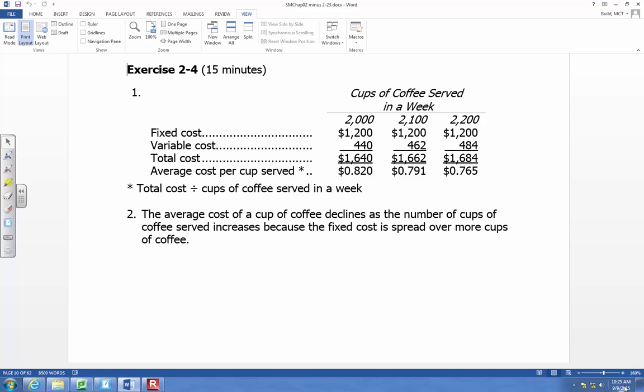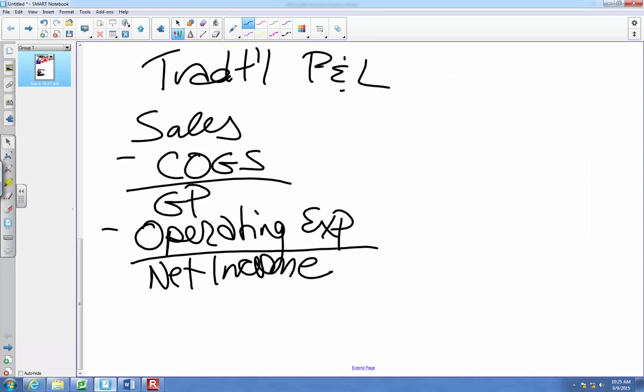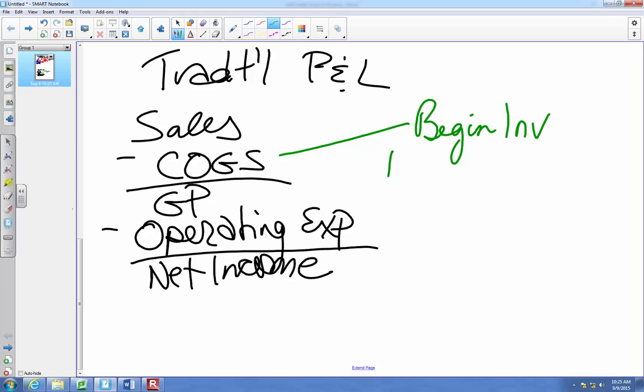So I think we did forget one little quick thing in here at the review. What's my model for cost of goods sold again? Beginning inventory, plus purchases, minus ending inventory. Good. Excellent.